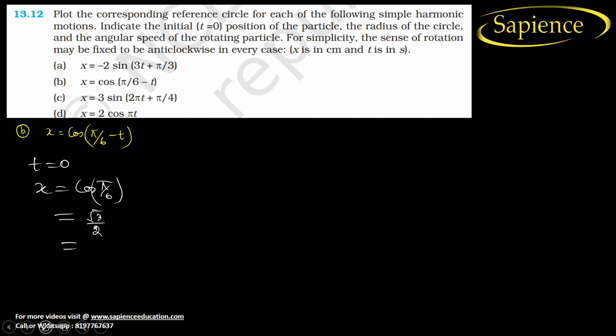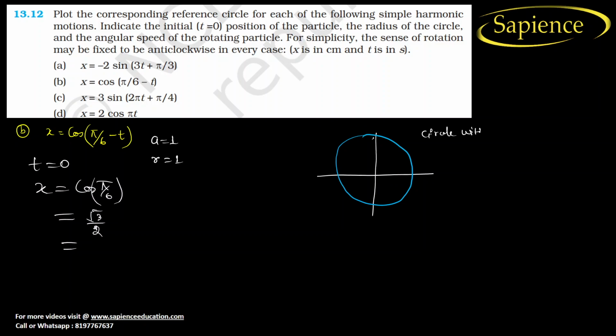Now let us make a reference circle here. This is the reference circle. From here we can infer that the maximum amplitude A is equal to 1, so the radius will be equal to 1. So this is the circle with radius equal to 1.